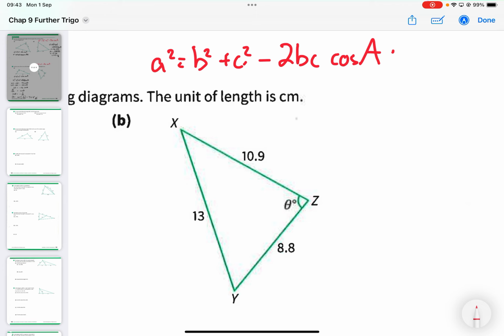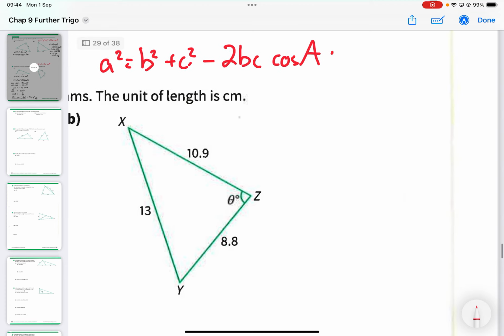If I put the different lengths at the different places, I will find a different angle. So to find this angle, when this is my big A, the only small a is 13. I can only put 13 here. So it's the positioning that is important.